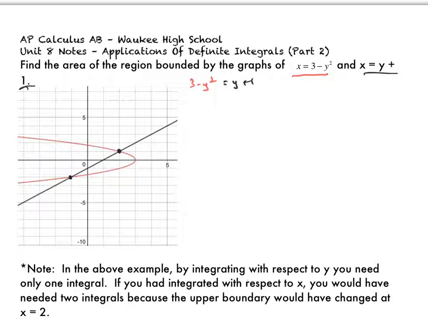Now let's get everything on one side, and that's going to be y squared plus y minus 2. And then this is going to end up being y plus 2 and y minus 1. So y is negative 2, or y is equal to 1. I'm not really worried about the x coordinates here because that's just going to be a waste of my time.